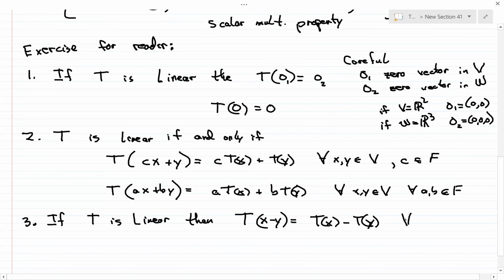And this would hold for all x and y. That would come out of what I just said, because I would take a to be 1 and b to be -1. And then you would pretty much immediately get this from what I said above.